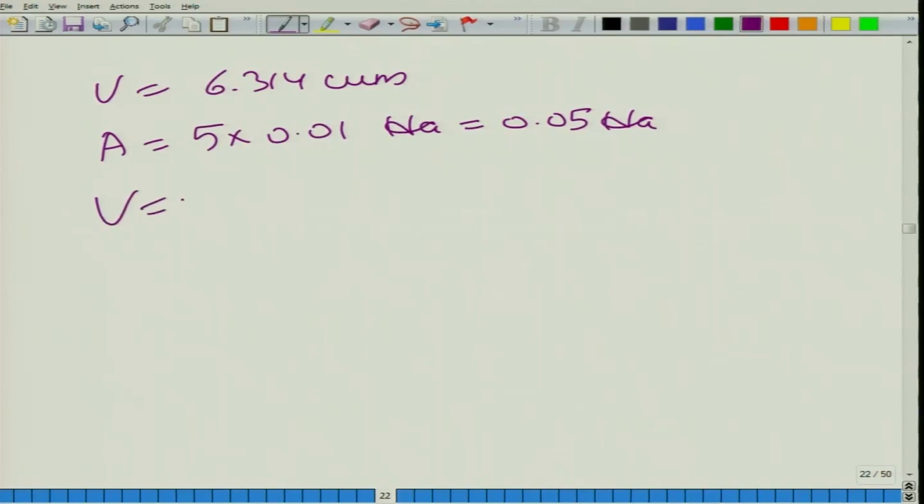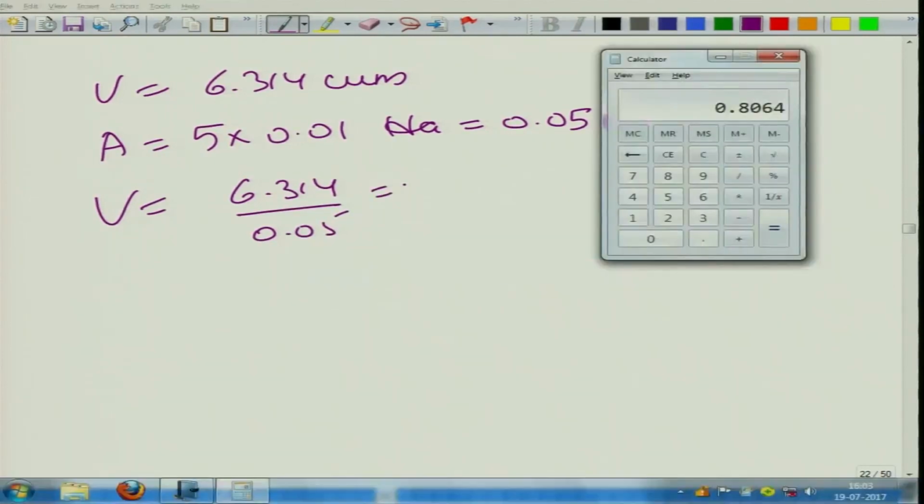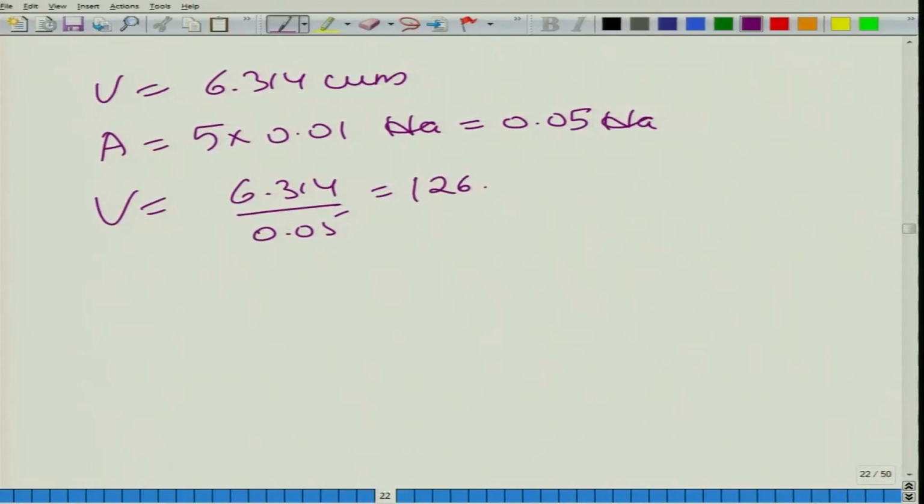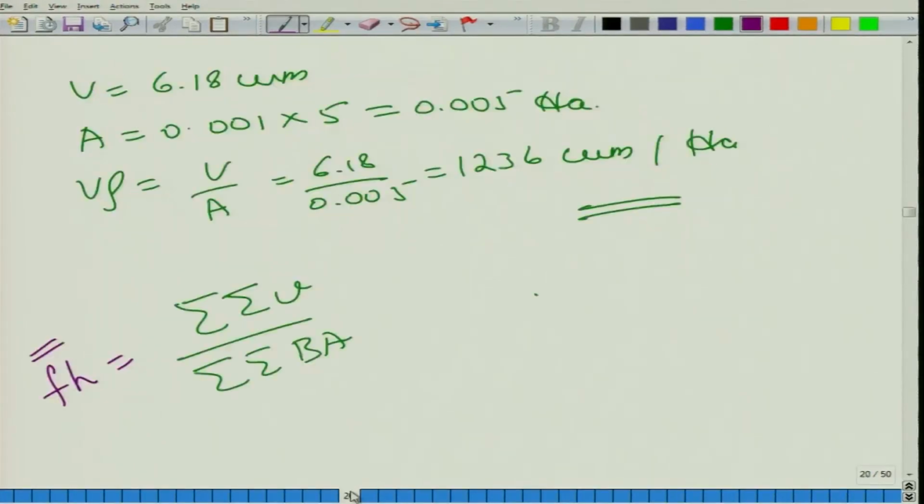So what is the volume density that we will get here? It will be 6.314 divided by 0.05, which is equal to 126.28 cubic meter per hectare.